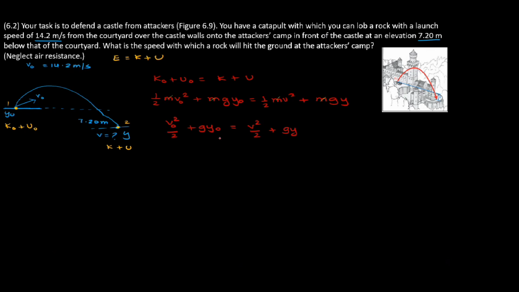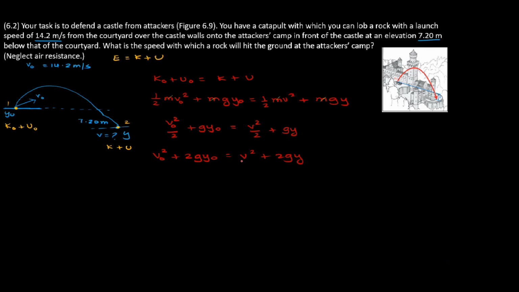Since 2 is dividing the terms with v, I will multiply by 2 throughout. So when you multiply by 2, you get v0 squared plus 2 g y0 equals v squared plus 2 g y. Whichever term contained 1 over 2 will be cancelled and the rest of the terms will be multiplied by 2.